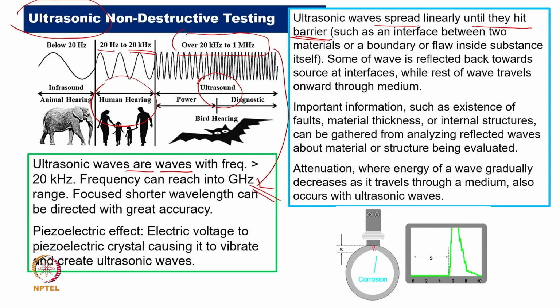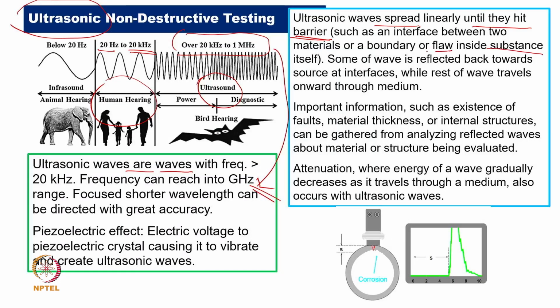This barrier can be an interface between two surfaces, maybe a coating surface and subsurface, or a flaw as such, maybe a linear crack, perpendicular crack, or oblique crack, or some sort of volumetric void or discontinuity, or maybe a grain boundary mixed with a flaw. So, wherever there is a discontinuity, there is a barrier, and there is no smooth transmission happening.